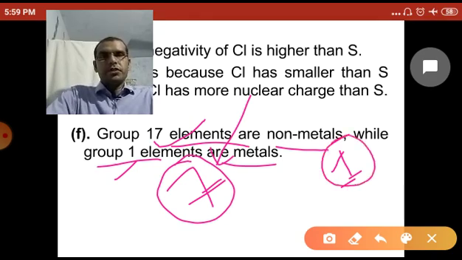The elements of group 1 have one valence electron, so they have the ability to lose it, so they behave as metals.